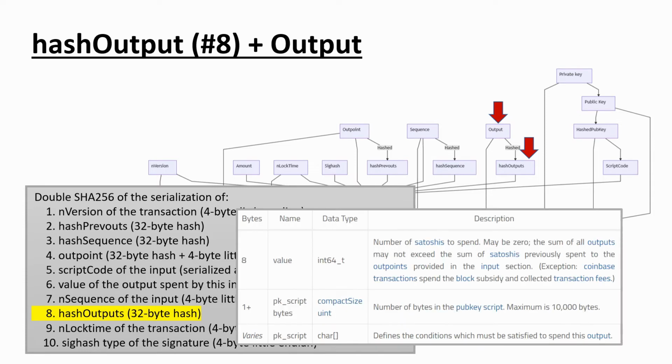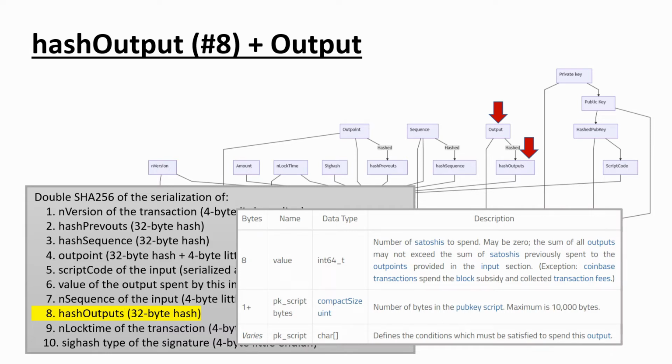And we can see in the Bitcoin developer reference that this field contains 3 pieces of information: the value, the size of the public key script, and the public key script itself. The value is quite simply the amount of coins that we wish to send. And you can see that this information needs to be serialized in little endian, signed integer, 64 bits long.